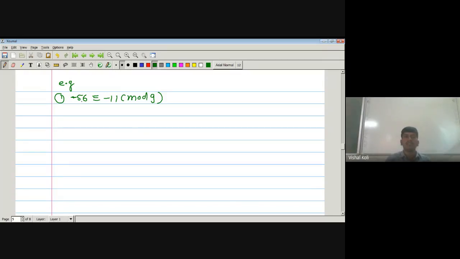Now express minus 56 as a multiple of 9 plus some remainder. Minus 56 is nothing but 9 into minus 7, minus 63 plus 7. Whether this one is correct?